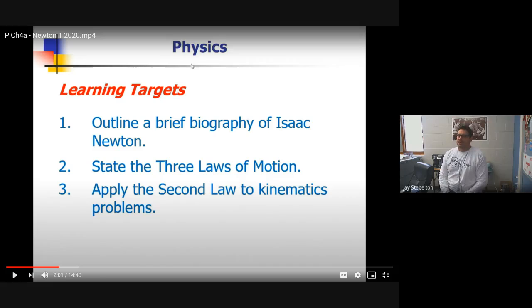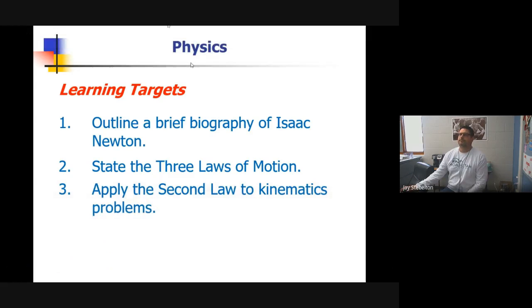The main part is stating the 3 laws of motion and then using F equals m times a to solve problems. Now, what we did is we cut down the amount of problems, where I think you only have 5 problems today. The lecture will be over in about 10 minutes, so that would give you about 25 minutes or so to do those 5 problems. You can do them directly on the digital document, or again, if you like to print it, you can do that. But I think it's easy enough with only 5 problems to do it on the digital document.